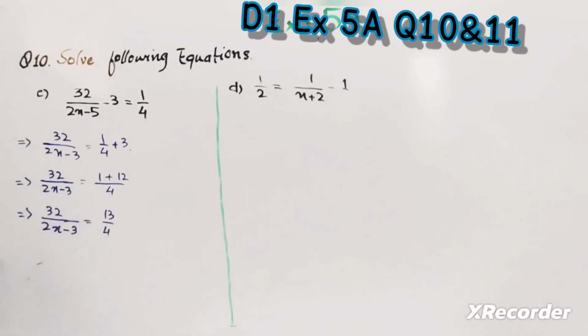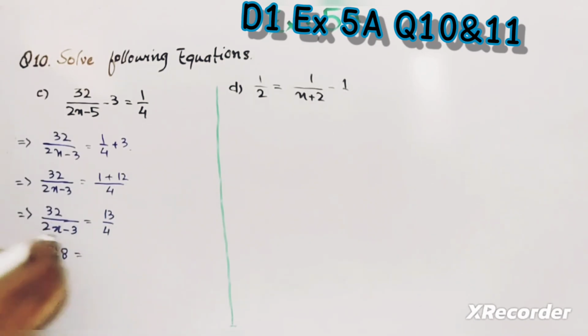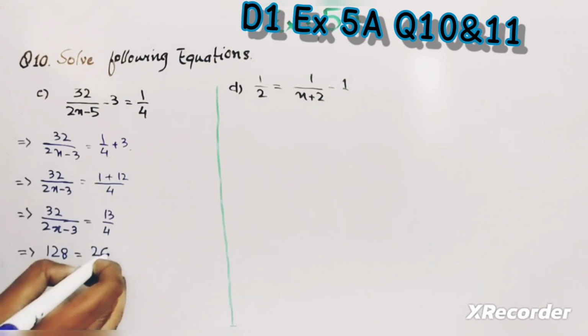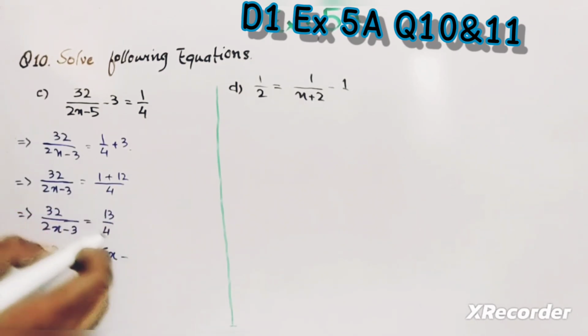Now by cross multiplying, means 4 multiplied by 32 is equal to 13 multiplied by 2x minus 3. What we get is 128 is equal to 13 times 2 is 26x less plus minus minus 13 times 3 is 39.